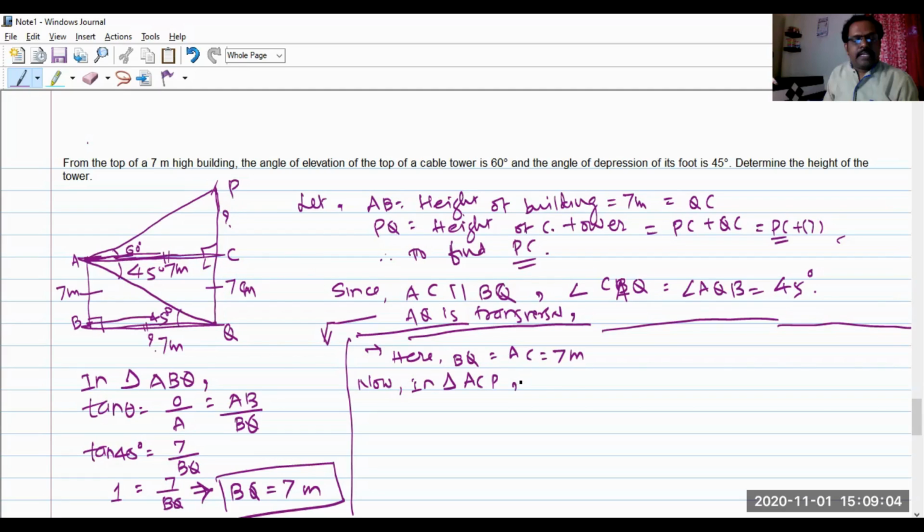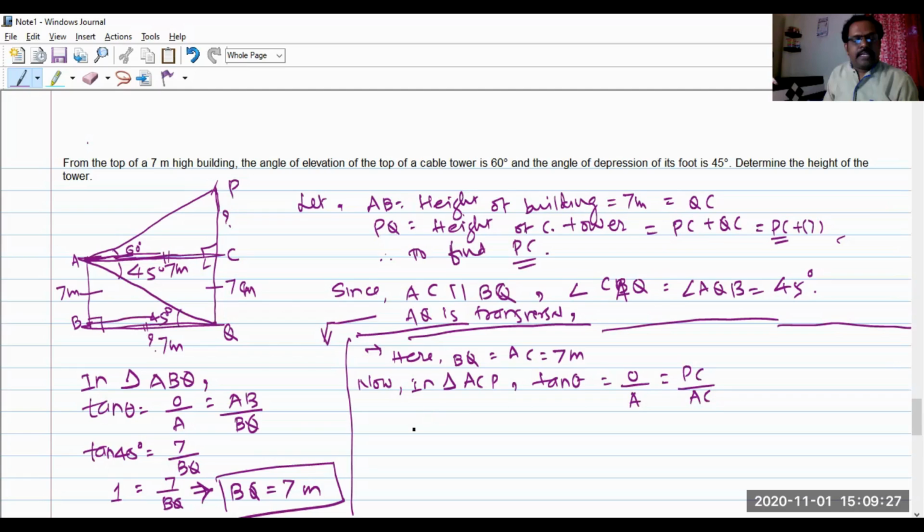So in triangle ACP we have, again, opposite and adjacent side, so we need to use tan theta only. Tan theta is opposite side by adjacent side. Opposite side is PC, adjacent side is AC, right?